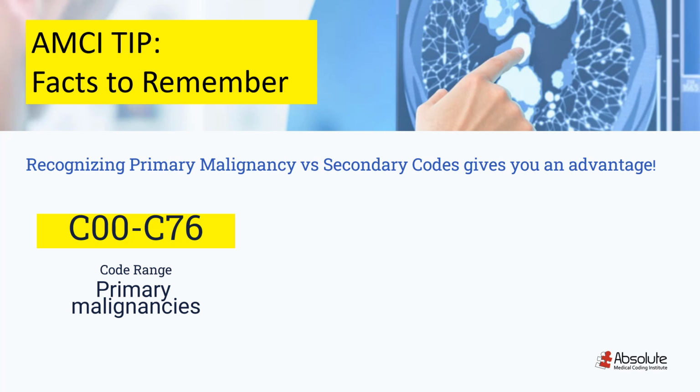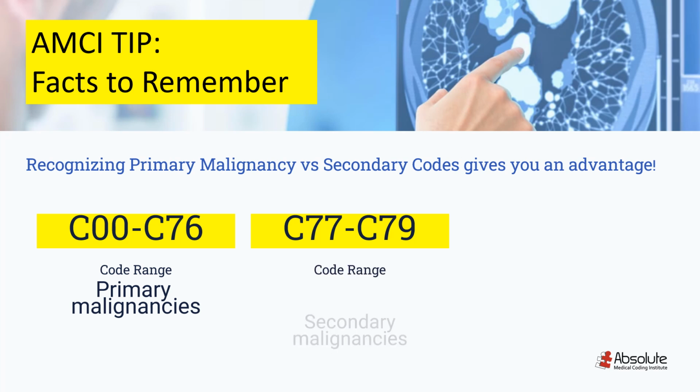And you all may have too if you've watched part 3 or 4 of the beginner's lectures. Now we know this is primary malignancy, and we also know on sight that C77 through C79 is secondary cancer, right? So if you recognize it on sight when you're taking a multiple choice exam, that is priceless.